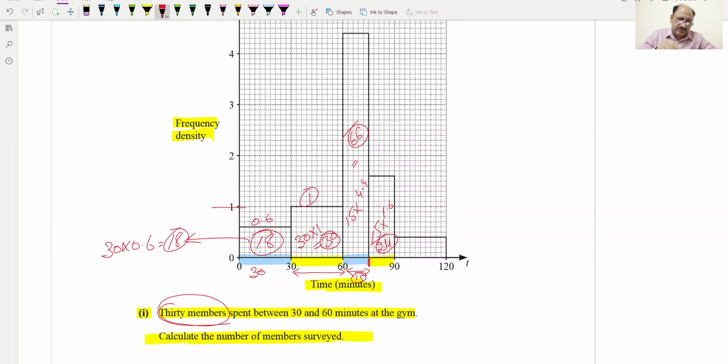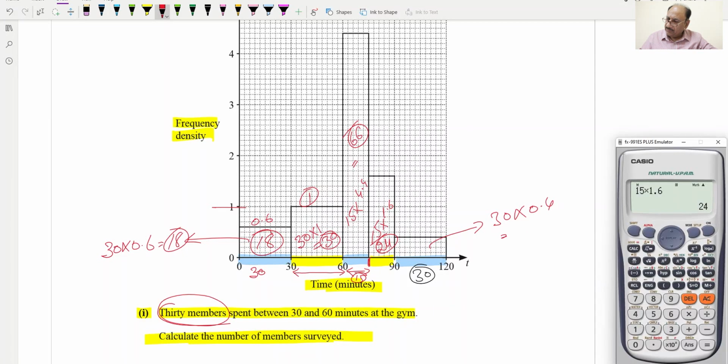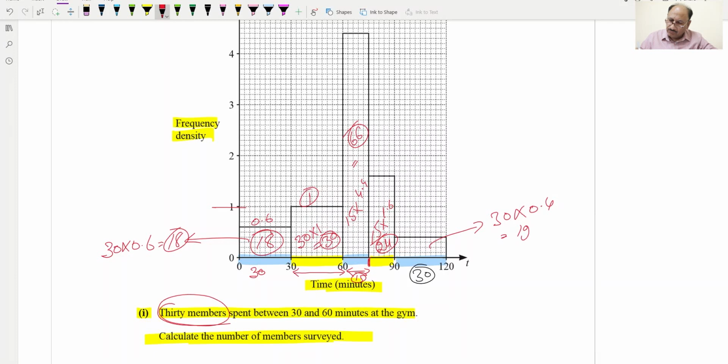And next, the last section, we can calculate 90 to 120, so it will be 30. Now this 30 will be multiplied by height, and height is up to 1, 2, 3, 4, so 0.4, and 30 multiplied by 0.4 is equal to 12. So this value will be 12.